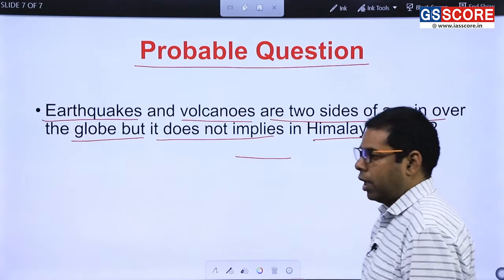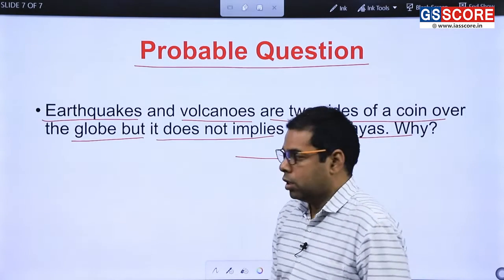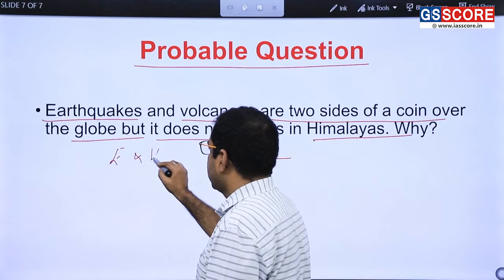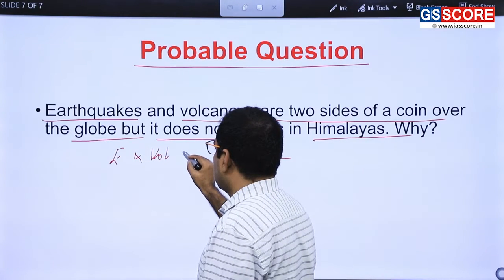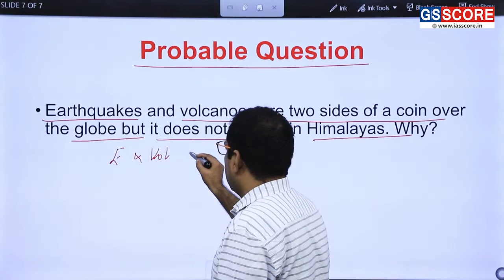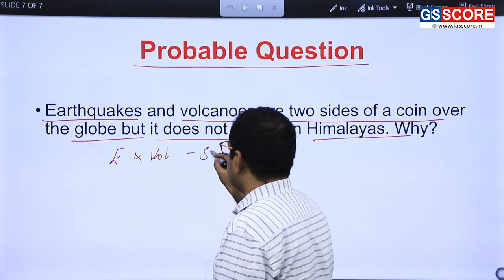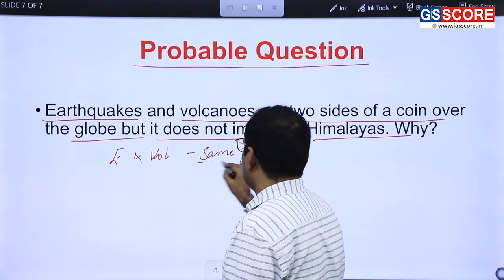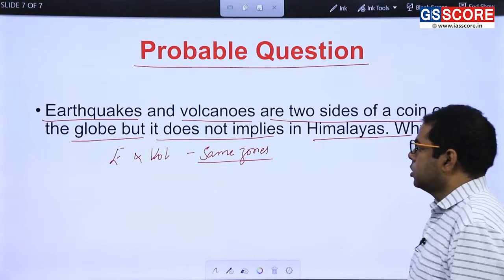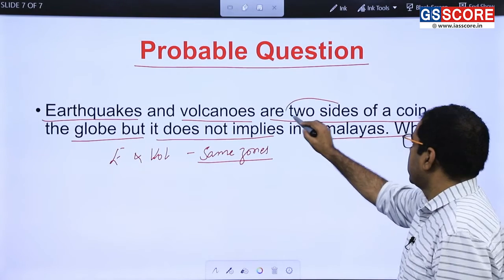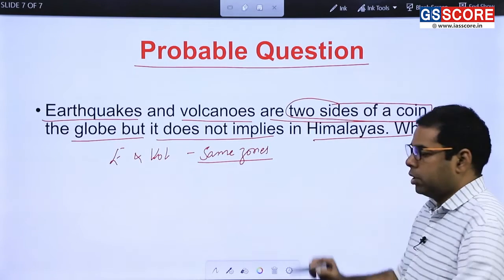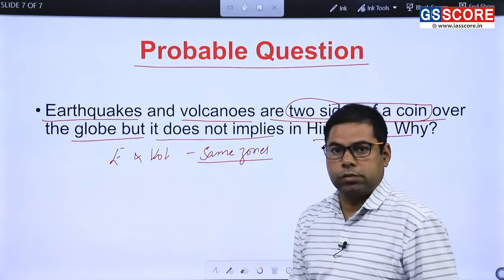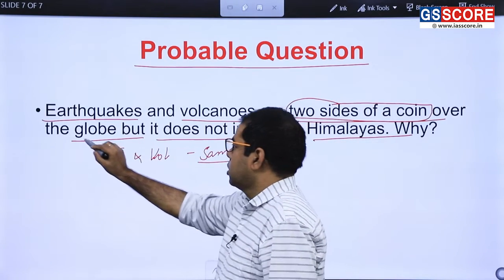Why? For example, in the previous question we have seen earthquakes and volcanoes occurring in the same zones, right? So this is the two sides of a coin, meaning both occur in the same zones or the same locations over the globe.